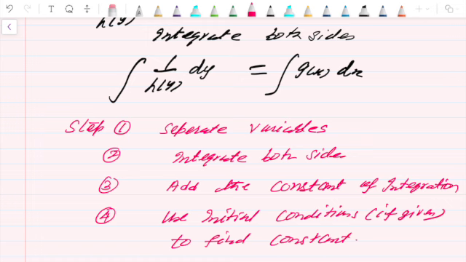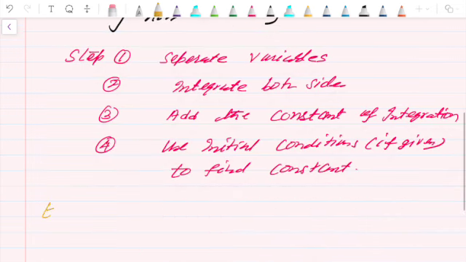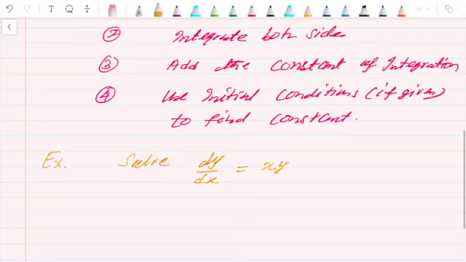Now let's take one simple example. Concept is more important, and going from simple to complex is always appreciable. Solve dy by dx is equal to x into y. Write the steps clearly.